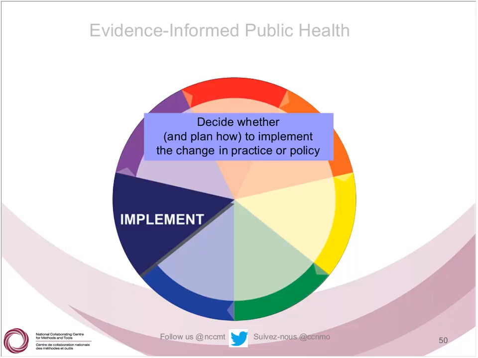So out of the multiple choices that we have, we want to, at this point, be implementing things that will work in a way that will lead to their success. So we need to decide whether to implement something and then plan how to do it.